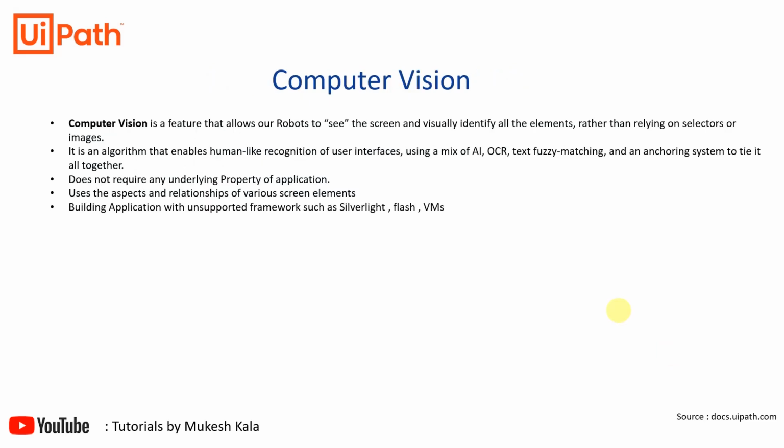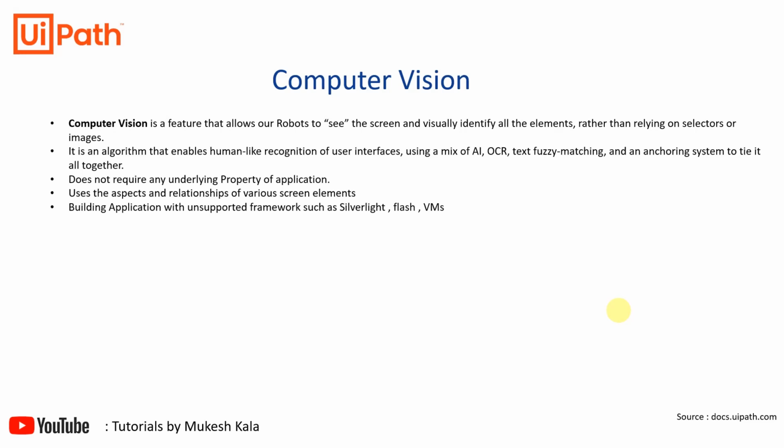Now that we understand the challenges with image and OCR based automation, it's time to introduce you to something called UiPath computer vision. Computer vision is a feature which allows our robots to see the screen and visually identify the elements. What exactly is computer vision doing? It is an algorithm that enables human-like recognition of the user interface.